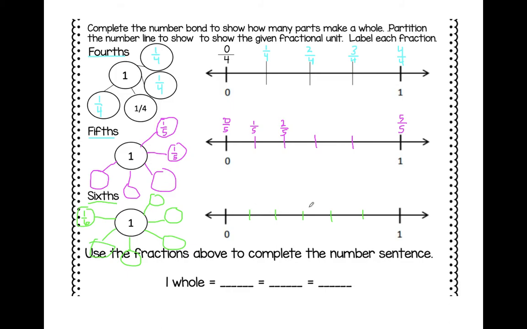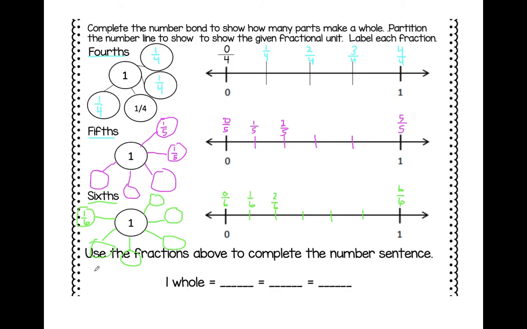So I have 1, 2, 3, 4, 5, 6 equal parts. And if I started labeling this, I would know that this would be 0/6, 1/6, 2/6, 3/6, 4/6, 5/6, and then when we get to 1 whole, it is 6/6.